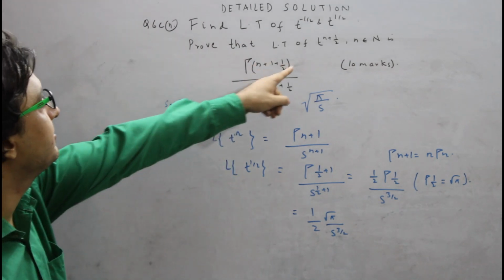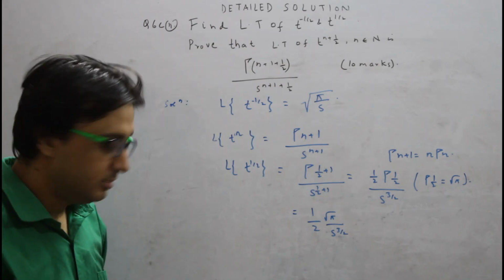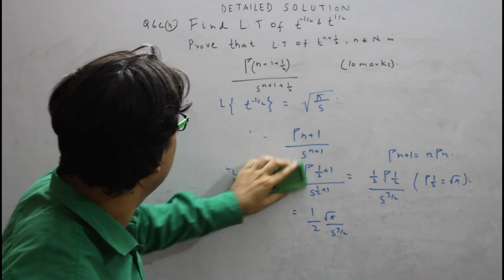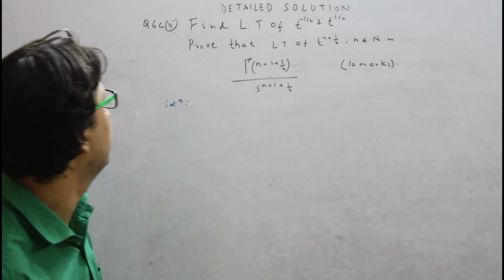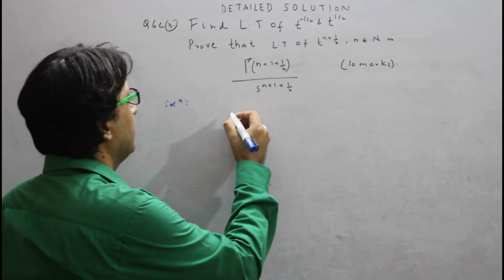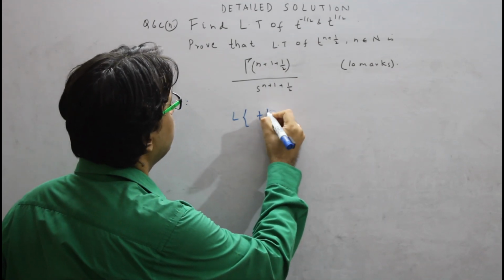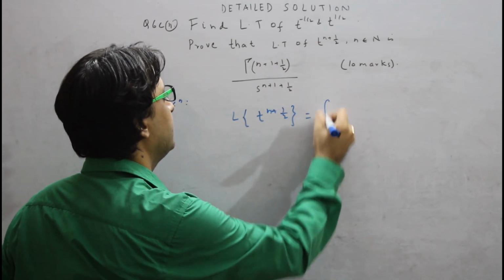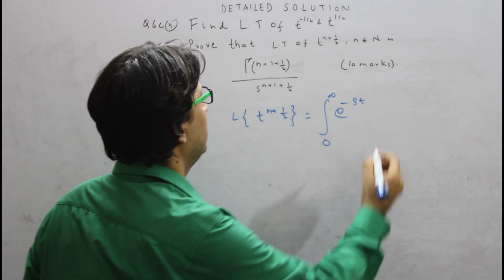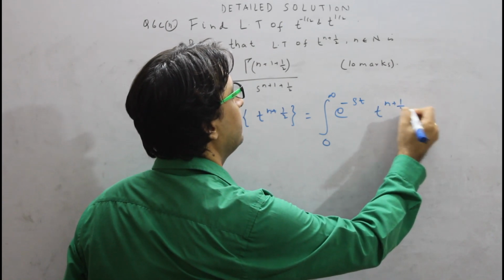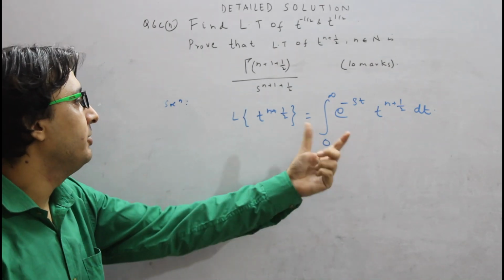But for this one we have to use the fundamental definition. So we are going to write it over here. The Laplace transform of t to the power n plus half, by the fundamental definition, is the integral from 0 to infinity of e to the power minus st into t to the power n plus half dt. First and foremost we have to integrate this.